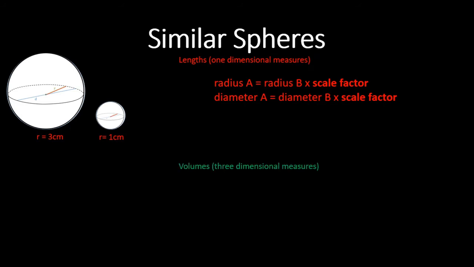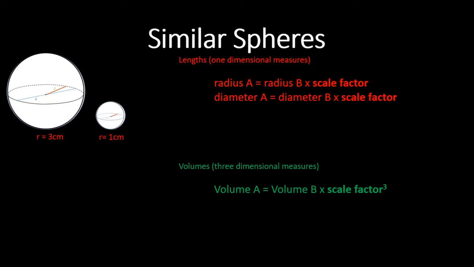So the volume of this 3-dimensional shape, the volume of these spheres, they need to follow the rule that I need to multiply by the scale factor in 3 dimensions, length, width, and height, right? So that means multiply by the scale factor cubed. The volume of A is equal to the volume of B multiplied by the scale factor cubed.